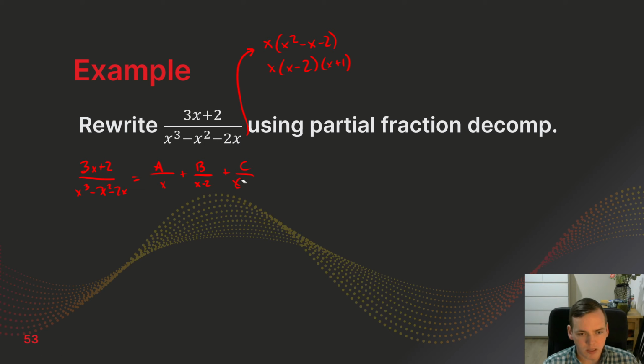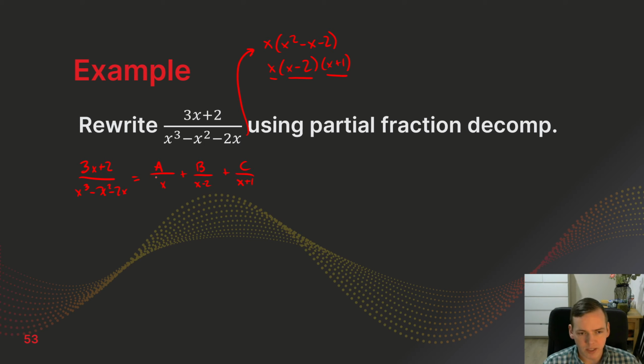So this is somewhat of a formula that you just have to memorize, but it's nice and easy. You just put each of the factors, so x, x minus 2, x plus 1, in the denominator, add them together, and then just put a capital A, B, and C to represent what the numerator is going to be.